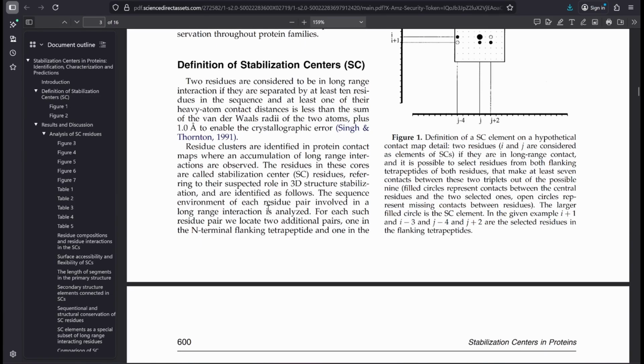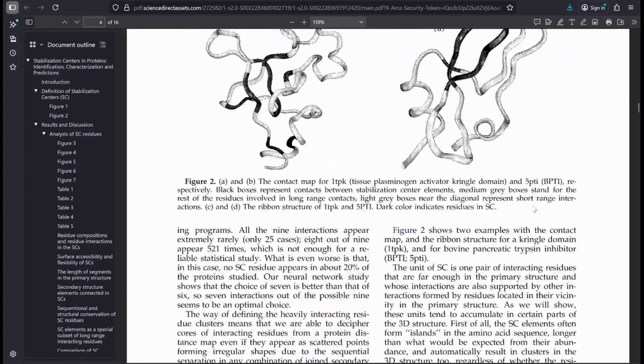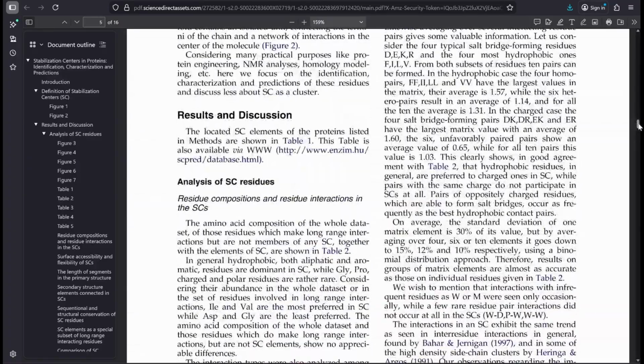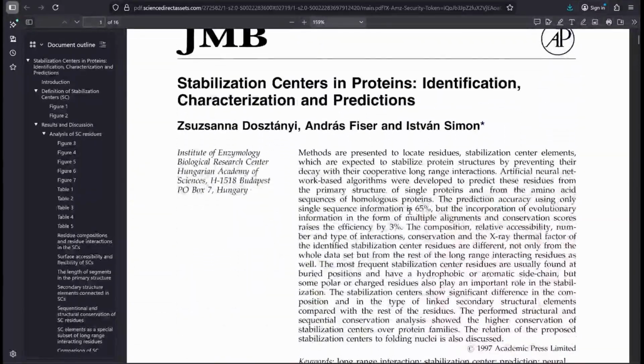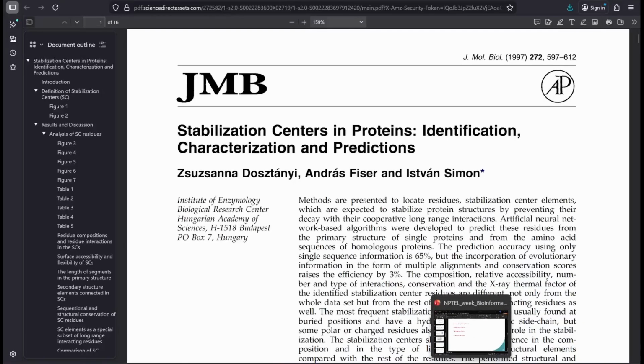That's how they earlier described the stabilization center, and it is quite important in the structural analysis of the protein. You can look into this paper for much more detail of what they talked about earlier.